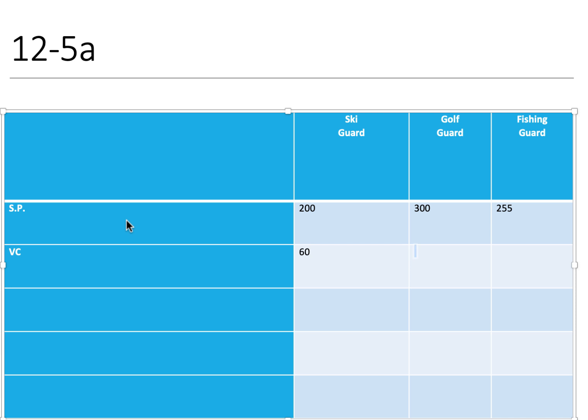The variable cost for the golf guard is $140, and the variable cost for the fishing guard is $55. So now we could calculate that contribution margin. Well, for ski guards, we get $140. For the golf guard, we get $160. And for the fishing guard, we get $200.